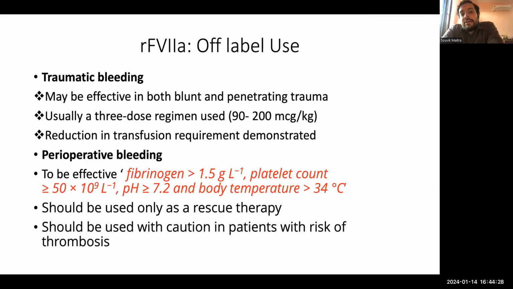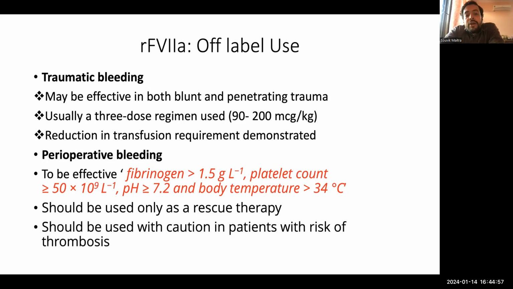However, as with other hemostatic agents, the off-label uses of recombinant factor 7A are much higher than the FDA approved uses. The commonest off-label use is traumatic bleeding. Most of the recent guidelines don't recommend the routine use of recombinant factor 7A. They recommend the use of factor 7A only as a rescue therapy.